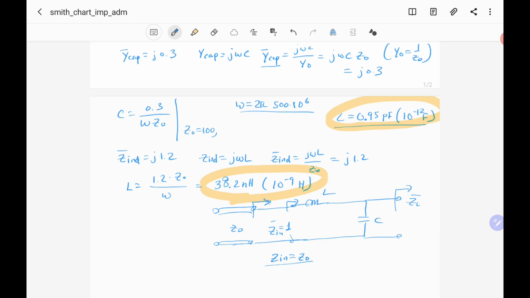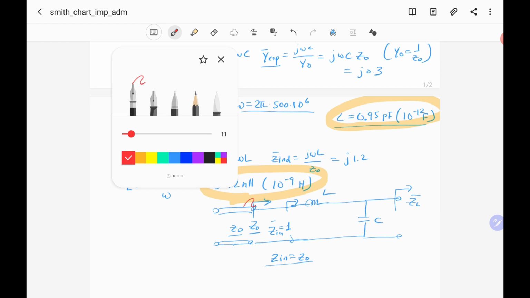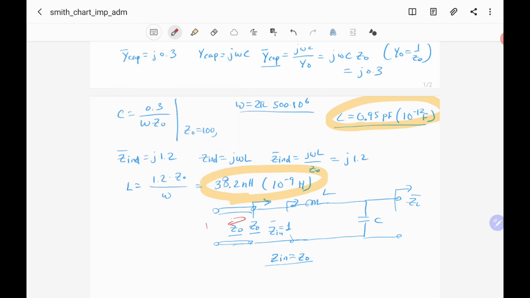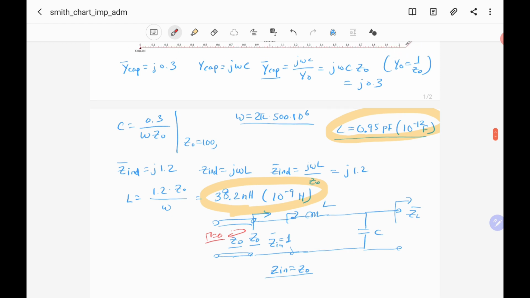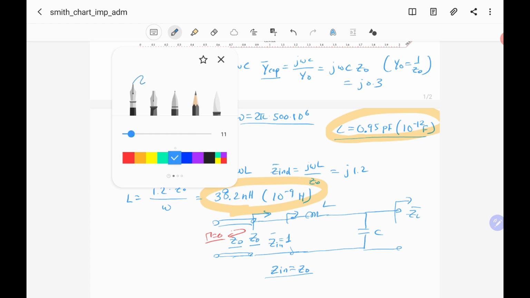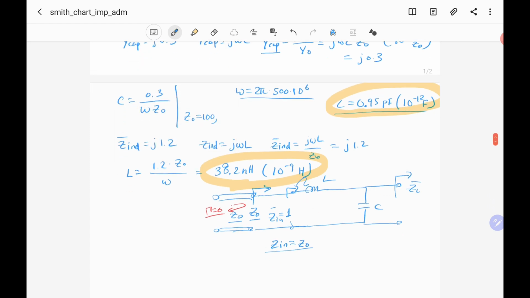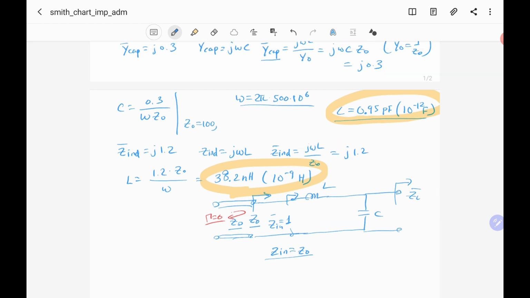Because it is matched to Z0, there will be no reflection here. There's no reflection. So this is the matching circuit we designed for the impedance matching between ZL and Z0.